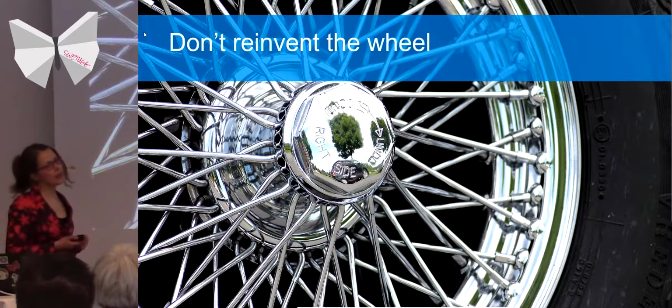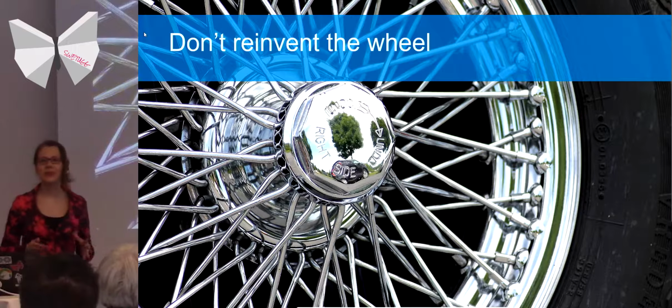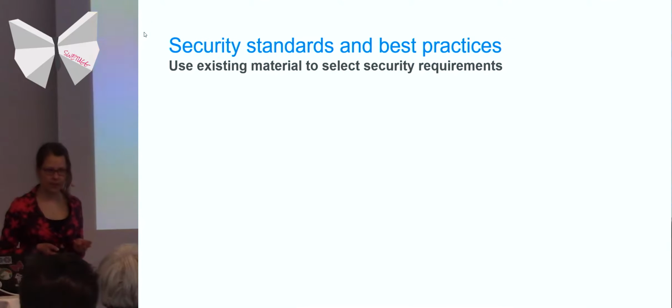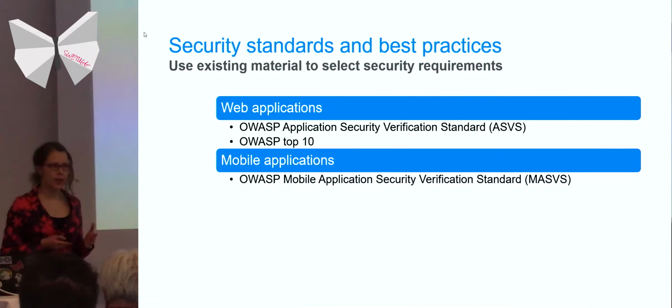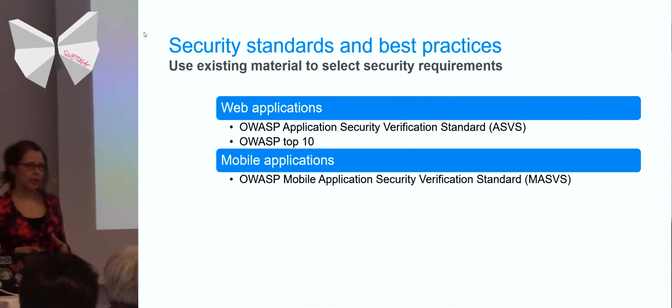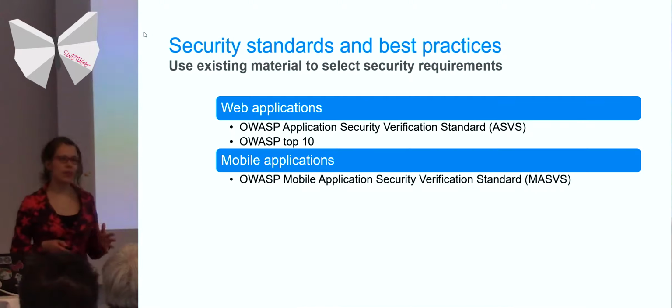And then one thing to remember about security requirements: please don't reinvent the wheel. There are a lot of security standards and good material out there you can use to fulfill the application-specific part that you just created with the evil user stories. For example, if you're creating web applications, there's the OWASP Application Security Verification Standard.